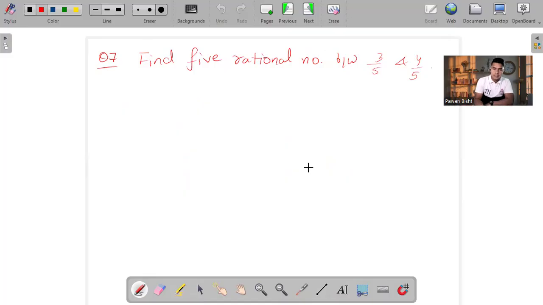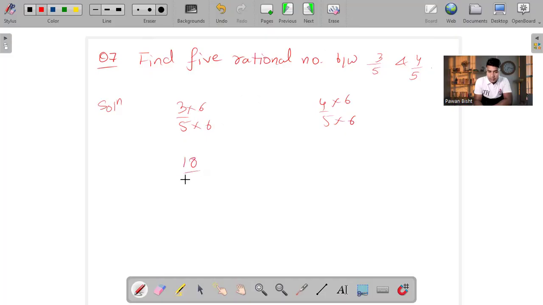Question number 7. Find 5 rational numbers between 3 upon 5 and 4 upon 5. 5 rational numbers, right? So 3 over 5 and 4 over 5. Denominator is already same and the numbers are one after the other. So for 5, you multiply numerator and denominator by 6, 1 greater number.